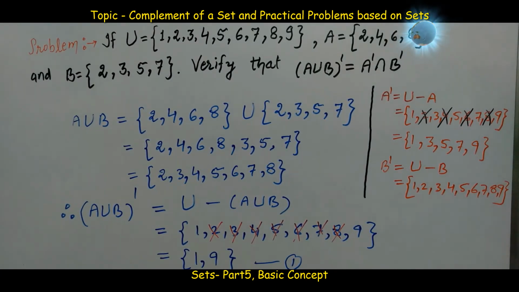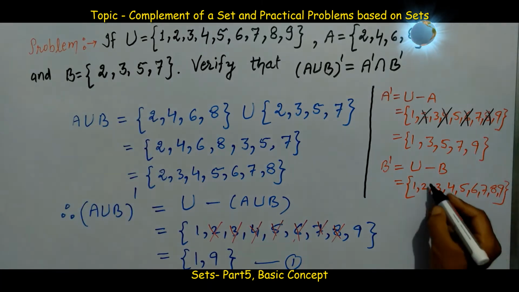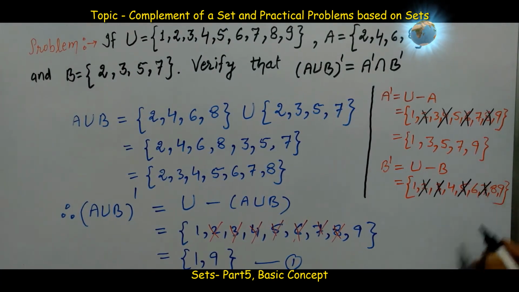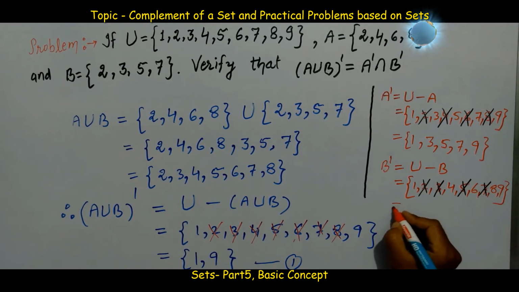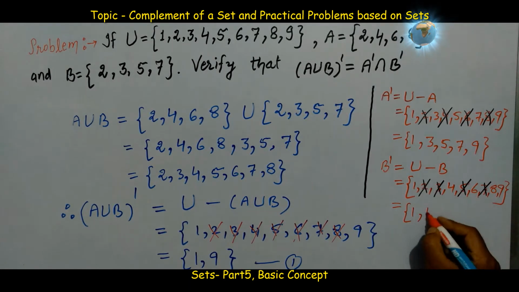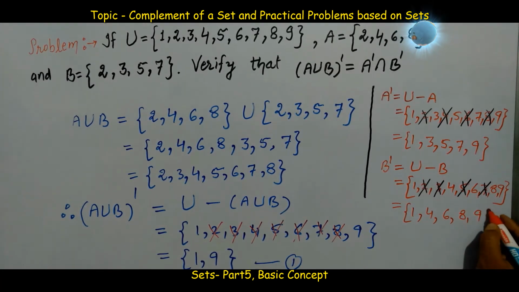Now those elements which are in B, 2, 3, 5 and 7, we are not going to write these elements. So we are left with elements 1, 4, 6, 8 and 9.